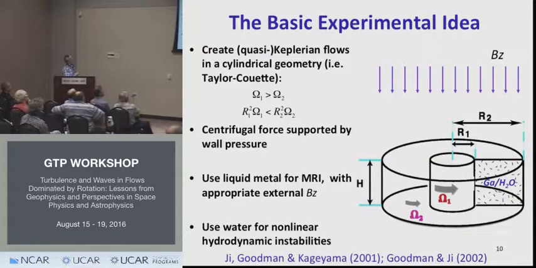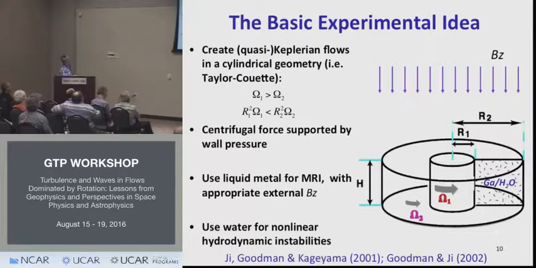Typically, we call it a Taylor-Couette setup. Quasi-Keplerian means the inner speed omega-1 is faster than the outer speed, but the angular momentum is an increasing function. The outer cylinder has more angular momentum than the inner cylinder. We call it quasi-Keplerian because it's not a power law like Keplerian flow. But in terms of regime, it's the same.